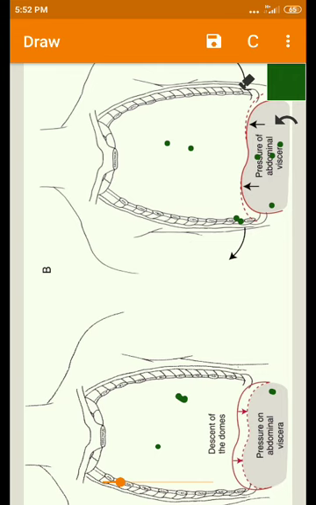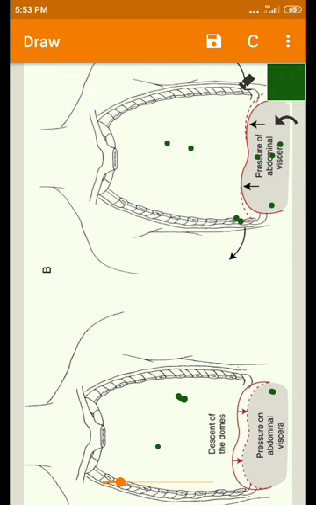Now in the next video we are going to see the accessory muscles which help in respiration. I have already mentioned the other accessory muscles. So now we will see their functions and the origin and insertion of all these accessory muscles very briefly, and we'll see the main function of these accessory muscles and also the abdominal muscles.